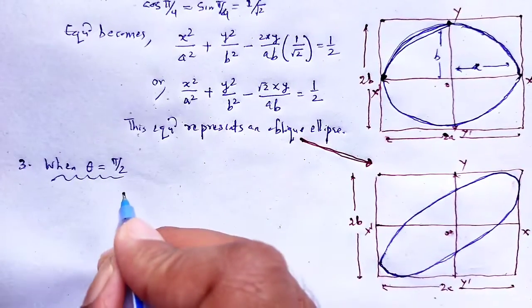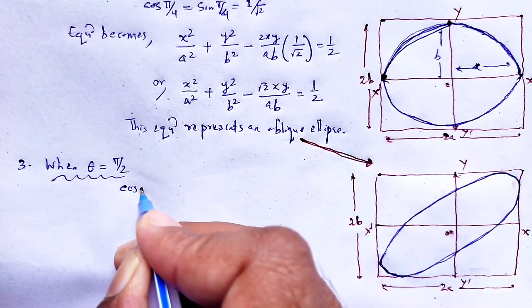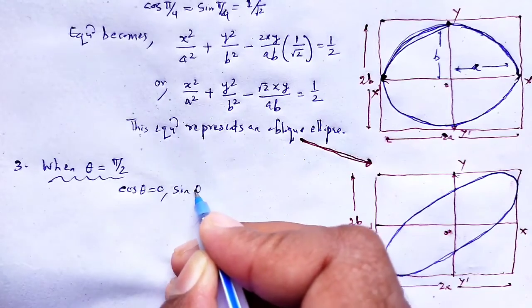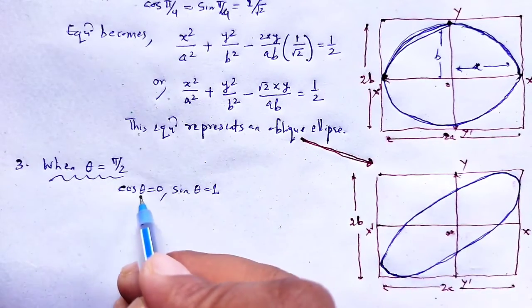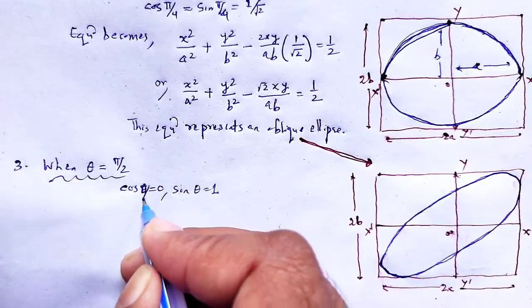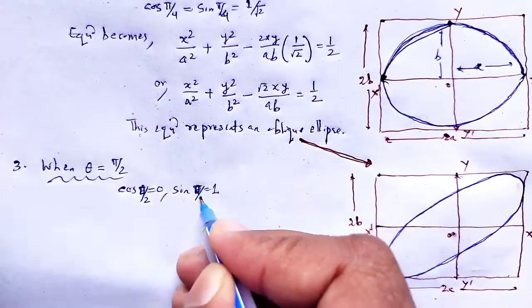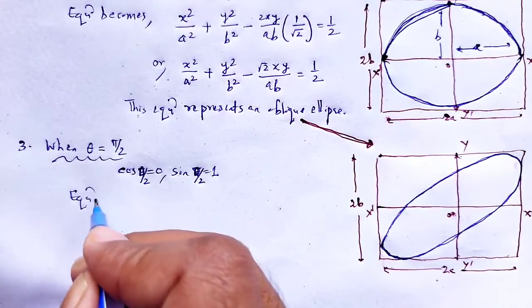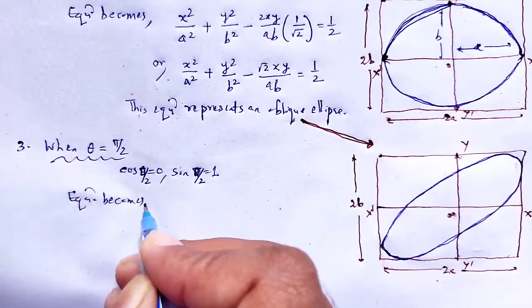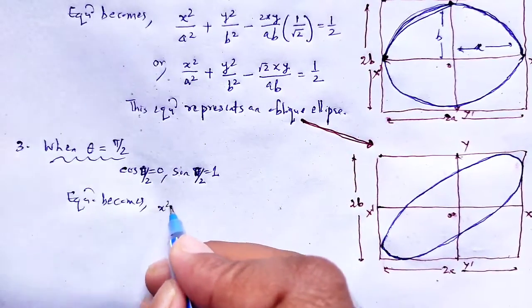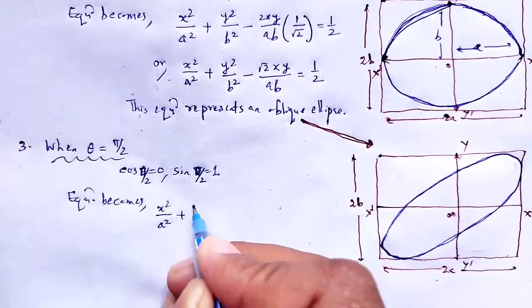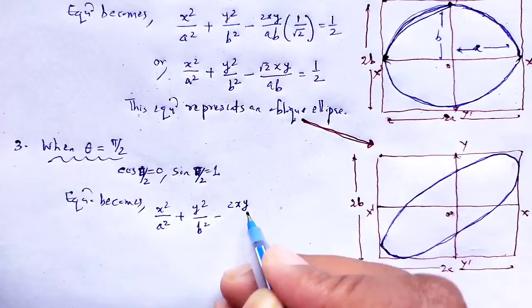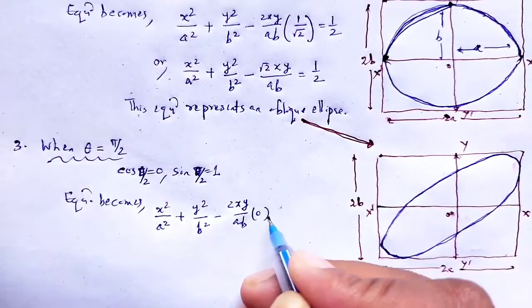How? In that case, cos theta is 0 and sin theta is equal to 1; cos pi by 2 is equal to 0, sin pi by 2 is equal to 1. The equation becomes x square by a square plus y square by b square minus 2 xy by ab into 0 is equal to 1.